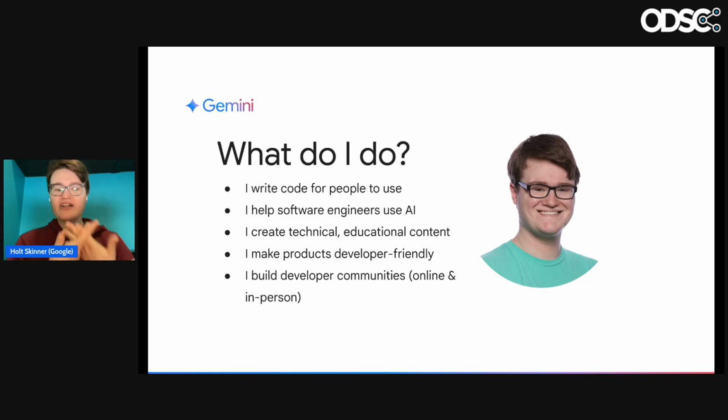I create a lot of technical educational content, which helps software engineers around the world use Google Cloud AI products in their own work and projects. I work with our product teams to make them as developer friendly as possible, and I help build developer communities like this online and in person. So I end up creating a lot of videos, blogs, tutorials, labs, demos, and code samples, along with being the voice of the external developer in product engineering teams.